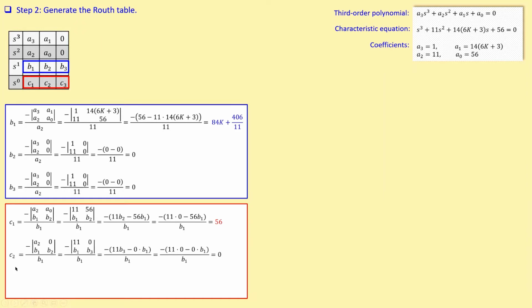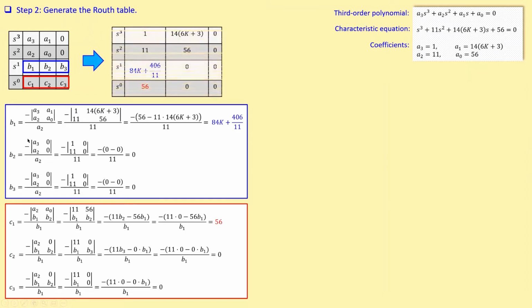Now we have the C2 and the C3 also in a similar form. Again, all of them are 0 except the C1. So C1 and B1 are non-zero, and that is what I wanted, so I can now substitute the values, using also the coefficients of the characteristic equation. I have this one. Now I will check the first column to evaluate the stability of our system.